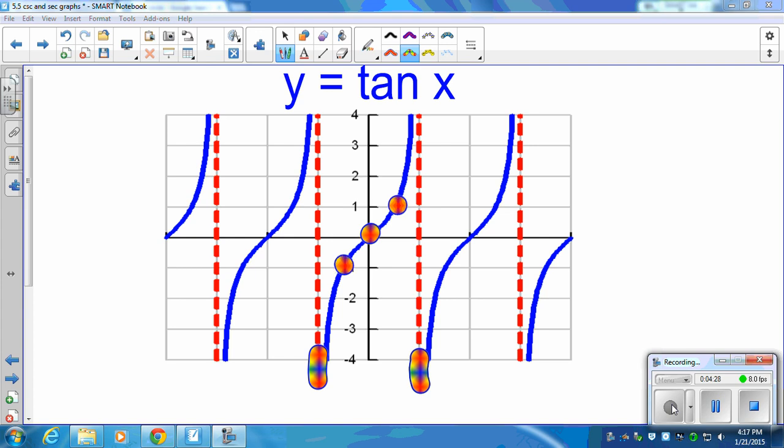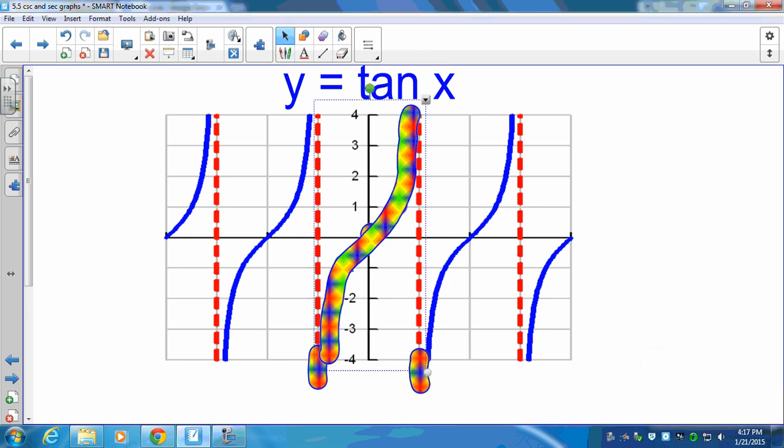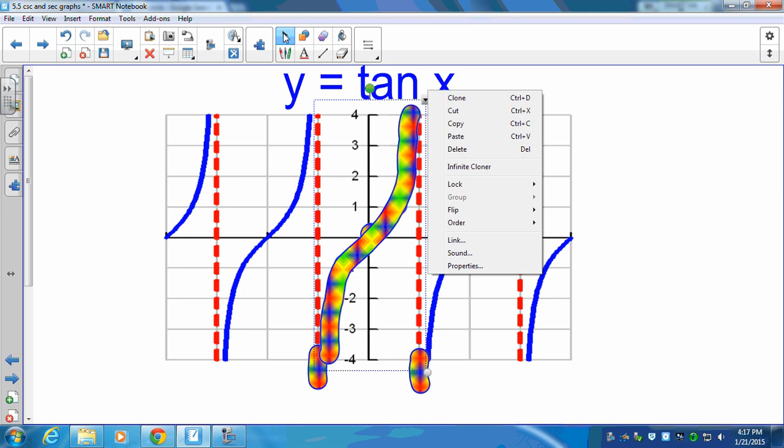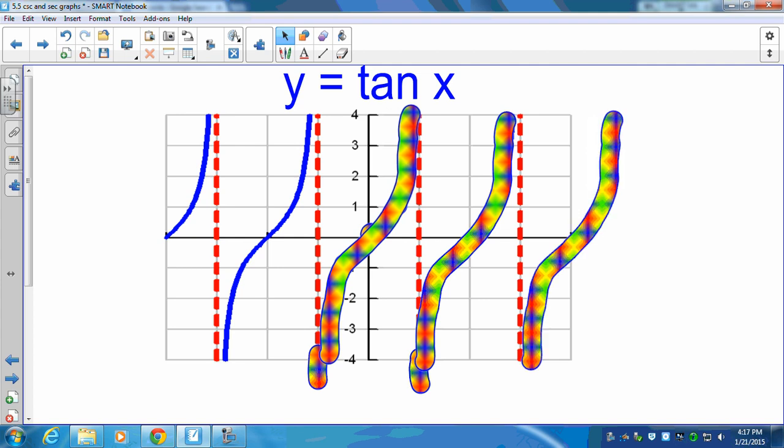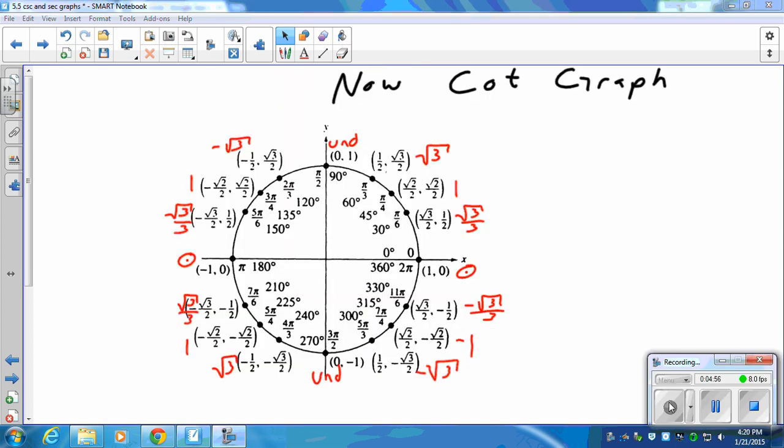So from there, we can use those key points, knowing that we have asymptotes here, and connect the dots, and we see we get this function here. That function is just cloned over and over, and it's just shifted over by its period. And remember, each period is just pi for tangent of x.